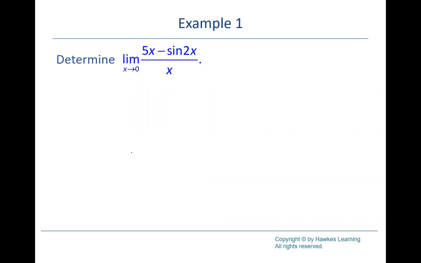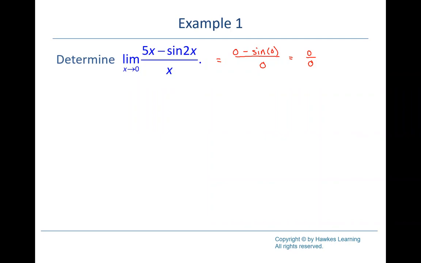Note that if we naively substitute in x equals 0, we get 0 minus the sine of 0 all over 0, or 0 over 0. Again, this does not tell us immediately that this limit does not exist, but rather it is an indeterminate form and more investigation is required.